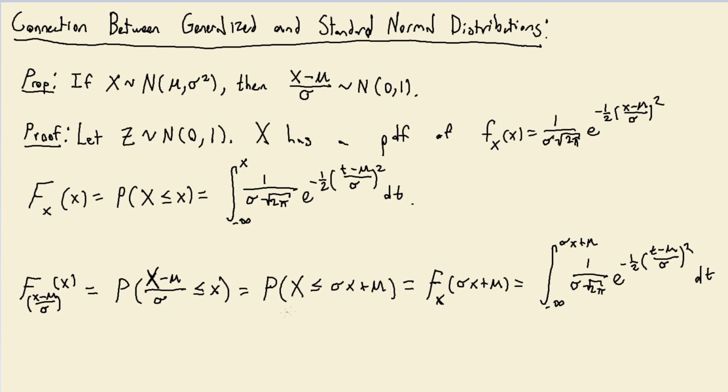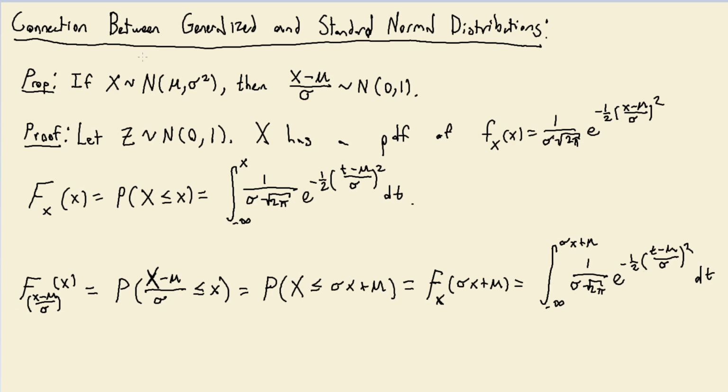But this is equivalent to the probability of the random variable X being less than or equal to sigma x, our input, plus mu. And we can evaluate this in terms of the cumulative distribution function for the distribution that we already know, and that's just this integral here. And so if we want to figure out what this is, we just need to reduce this integral.